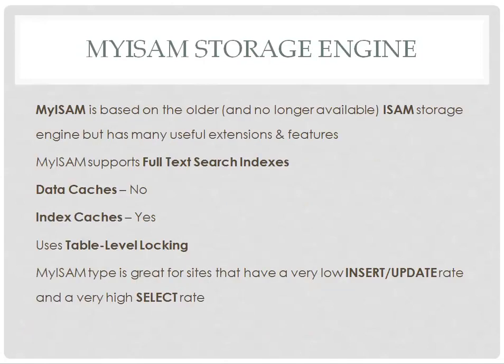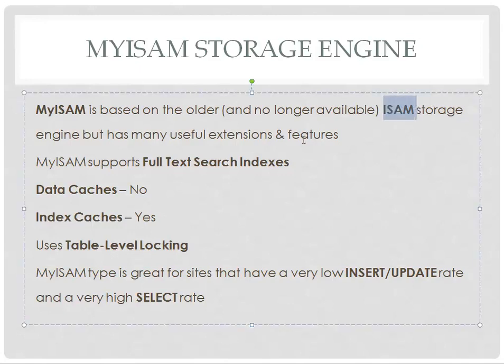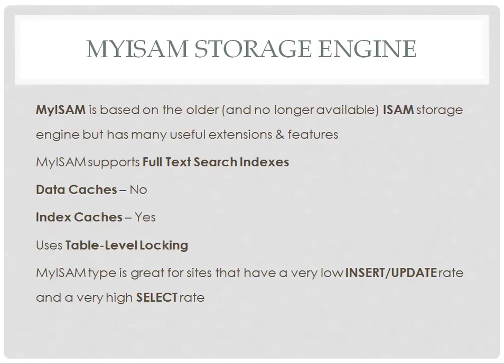So let's go over each one. Basically, we're going to go over MyISAM and InnoDB, and then we'll go over the other ones quickly because they're not as common. So the MyISAM storage engine is, like I said, based on the older ISAM storage, which is no longer available. It has many useful extensions and features.